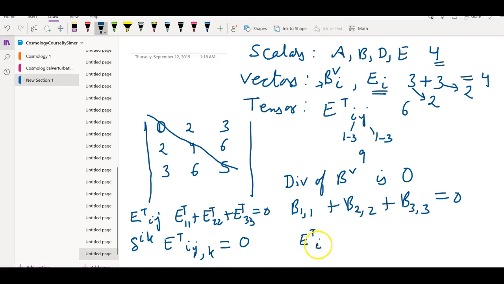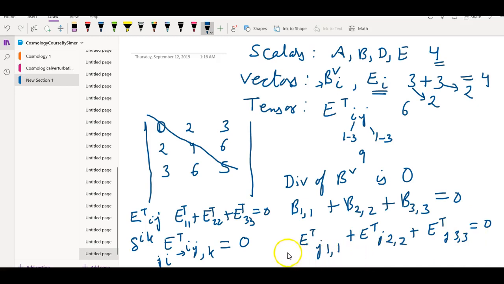So instead of writing IJ, I can write this as JI, and then I contract on I and K. So when I contract on I and K, I can write this as E_TJ1,1 plus E_TJ2,2 plus E_TJ3,3 is equal to 0, right?